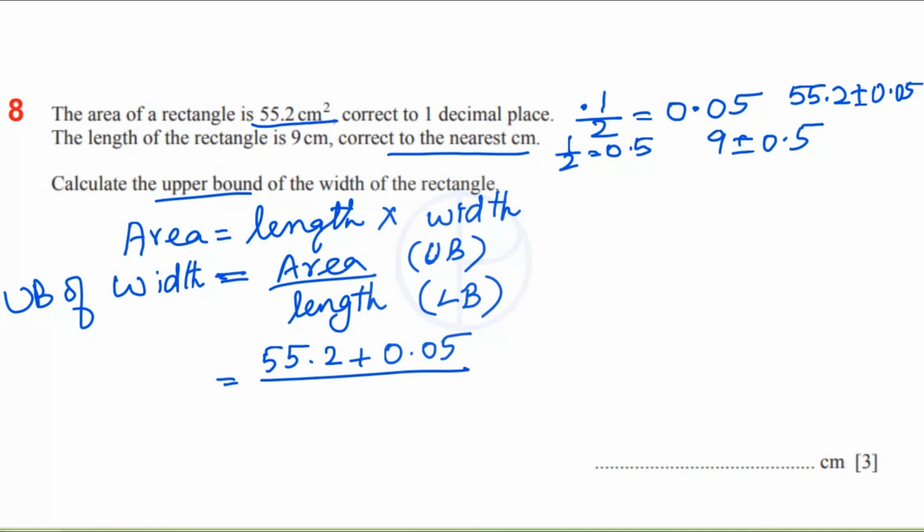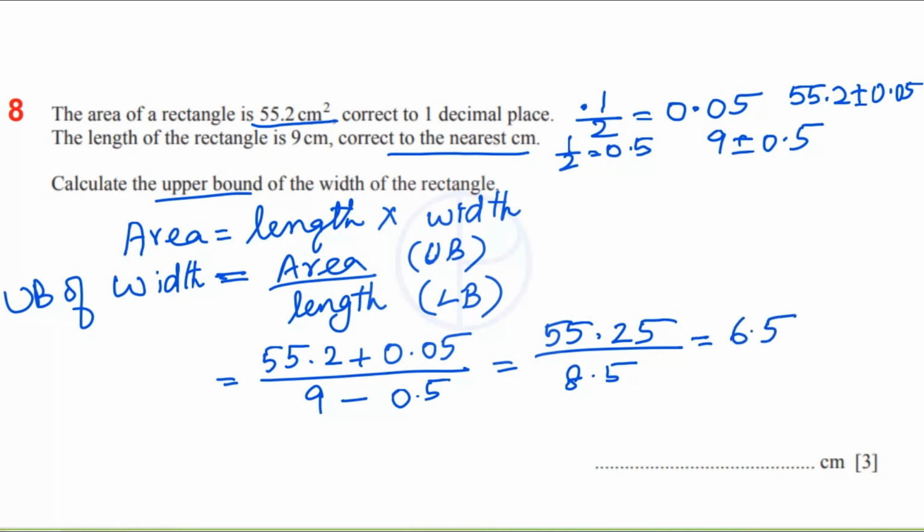What is the lower bound of the length? 9 minus 0.5, which is equal to 55.25 divided by 8.5, which is equal to 6.5.